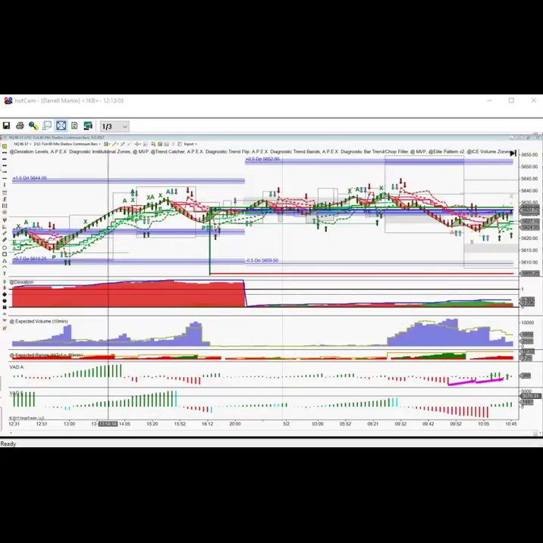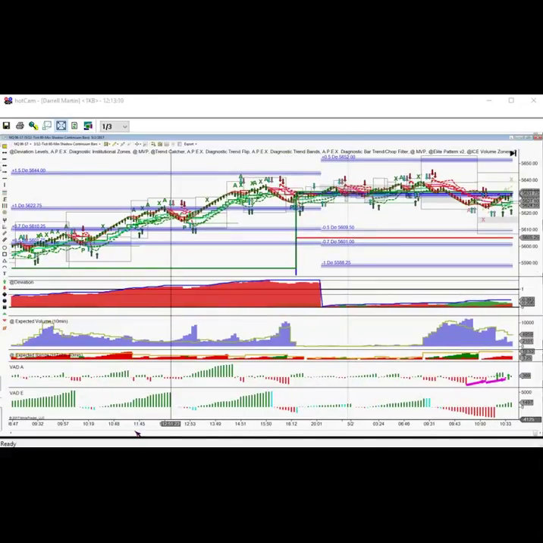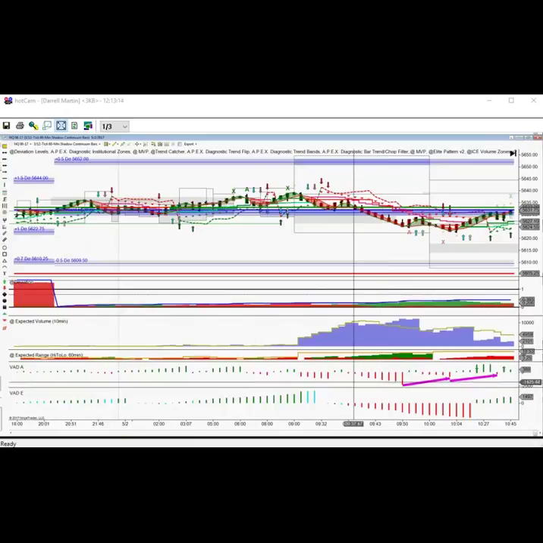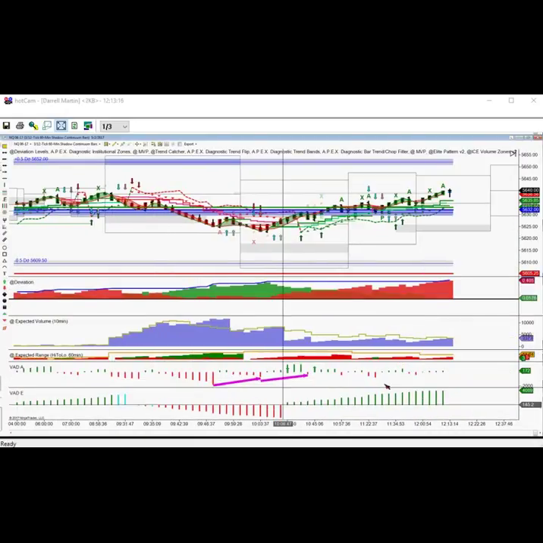Is there a certain volume you're looking for on VAD-E? Nope. Because if you think about this, we took this trade as soon as that thing turned around. So if I waited on the volume, then the trend would already be there.